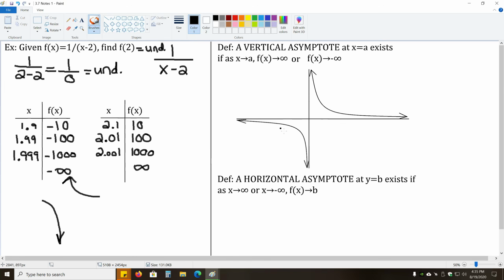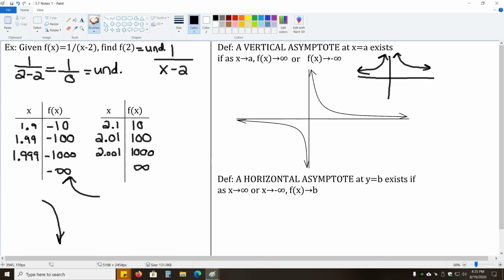So it doesn't necessarily have to look like this, where one part's shooting down to negative infinity and one part's shooting up. It can also look like this, where both values are shooting up to positive infinity, but they will never actually reach each other.